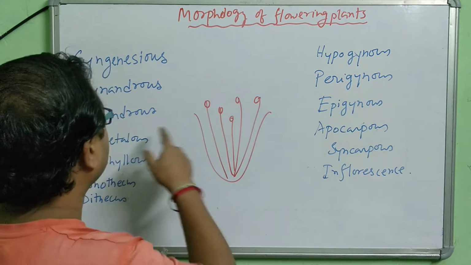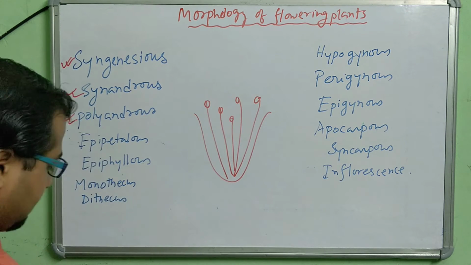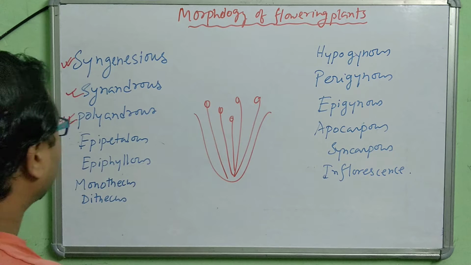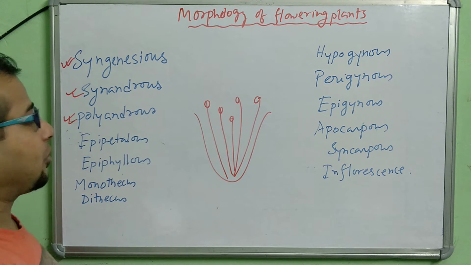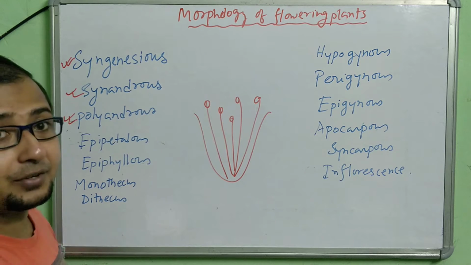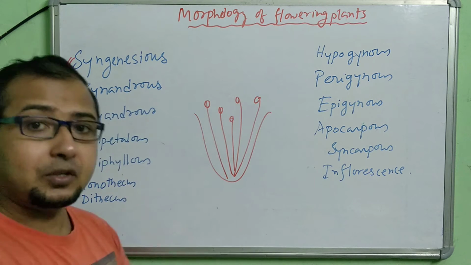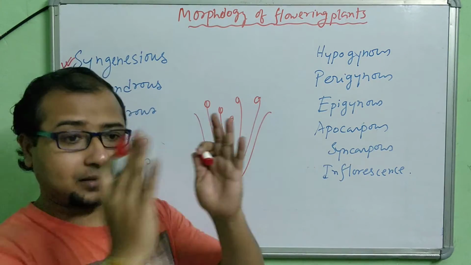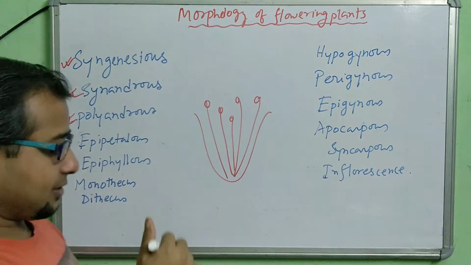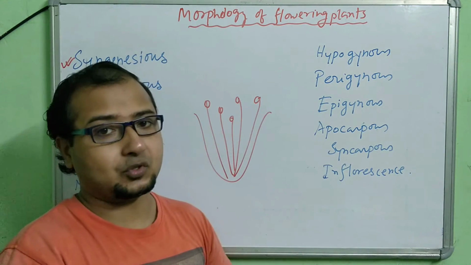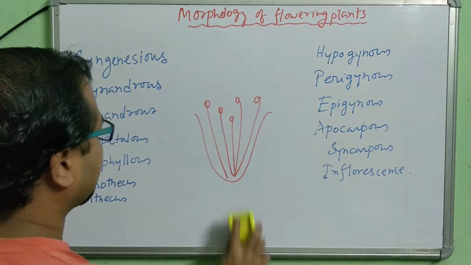So this is polyandrous. You can say that polyandrous is just the opposite of synandrous. Polyandrous means the stamens are free. Synandrous means the stamens are fused, both the filament and anther are fused. And syngenesious is where only the anthers are fused, filaments are free. Clear?